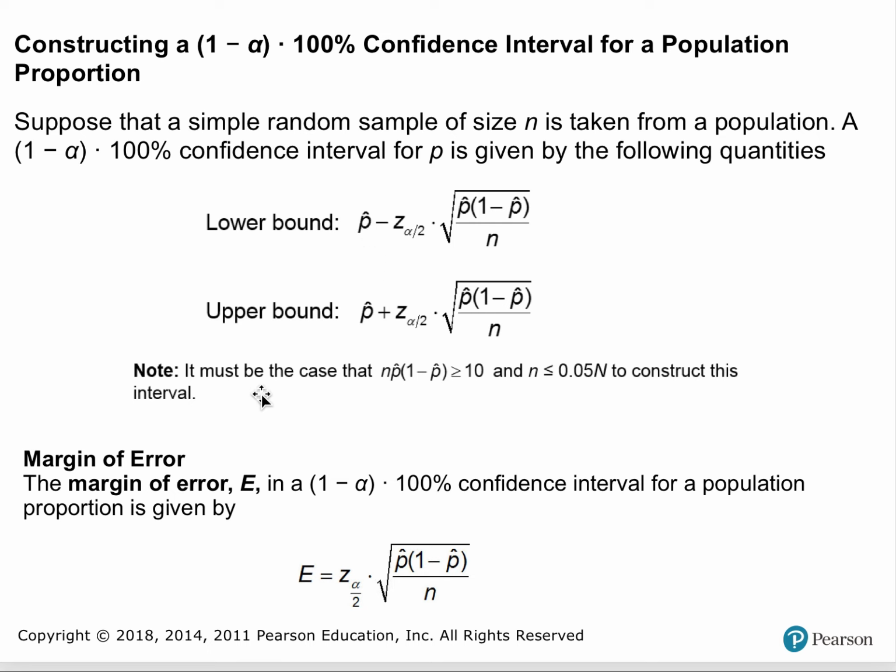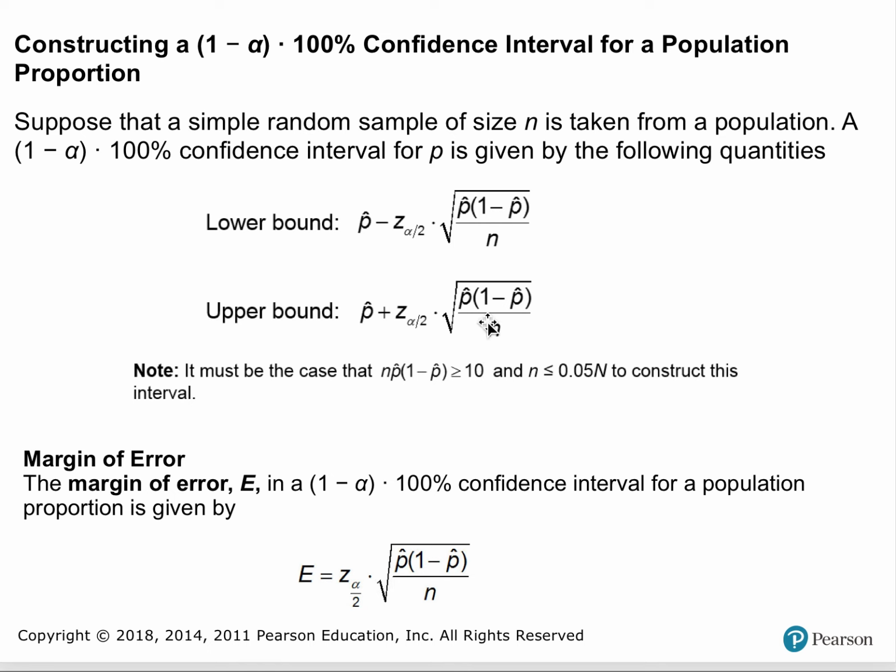Note, it must be the case that it's normal, right? Here are our requirements to fit that, from the last chapter. We have this formula to make sure it's greater than or equal to 10, and the sample has to be less than 5% of the population to construct this interval.